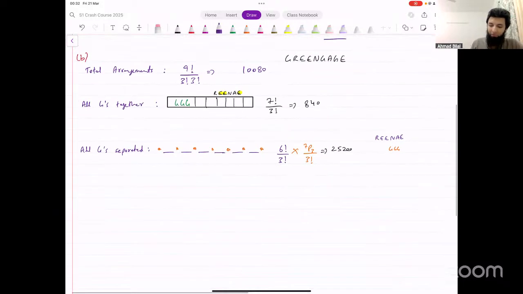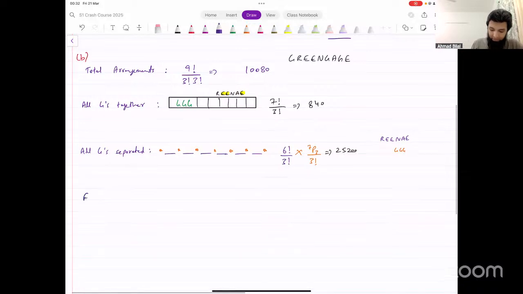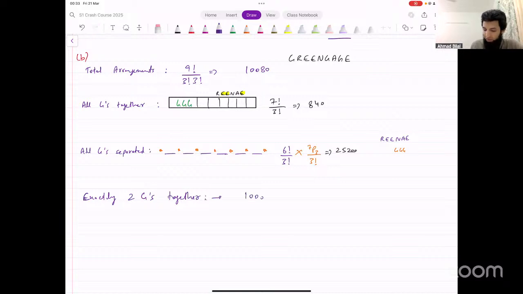And now we can find the number of arrangements with exactly 2 G's together. What would that be? Subtract from the total the case when all G's are together and the case when all G's are separated. And that will give you those arrangements in which exactly two G's are together. The previous one is 4,200.